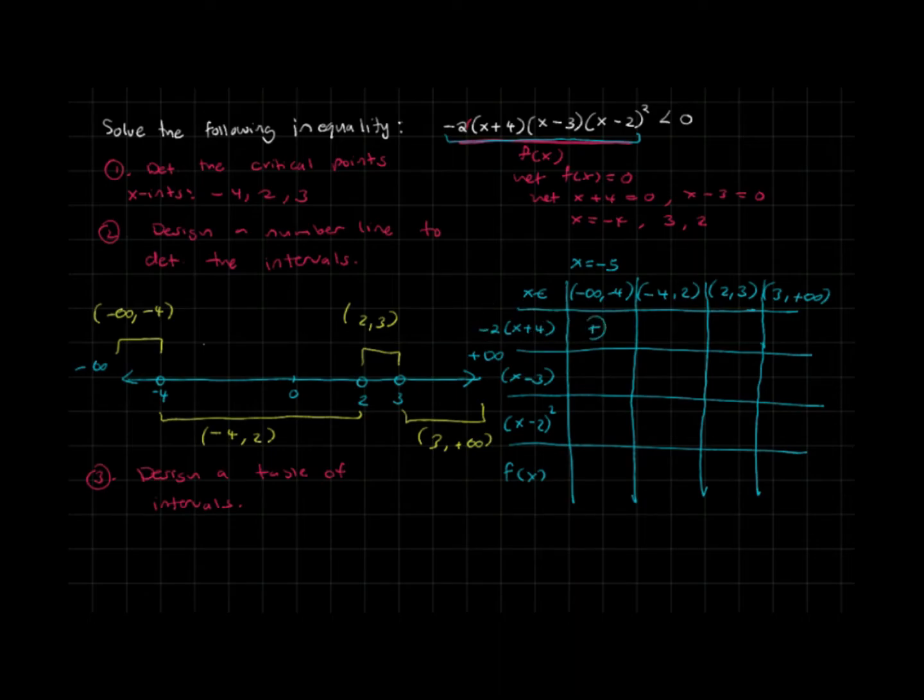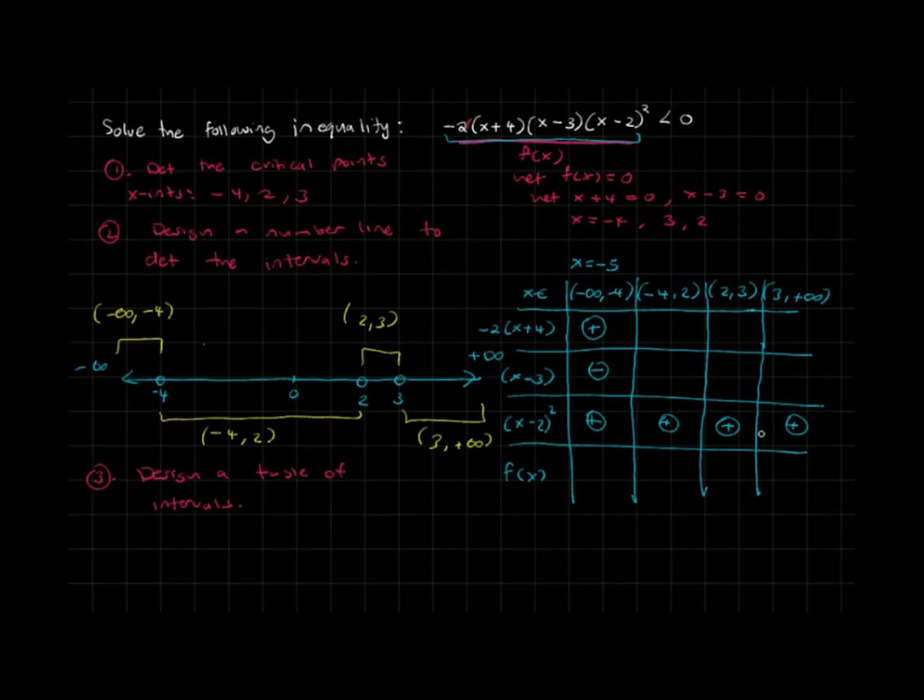So the sign here is positive. We just have to look at the sign. We don't have to calculate it. -5 in here gives us -5 minus 3, which is -8, so that's a negative. -5 into this factor. Now this factor will always create positive outputs because even if you have a negative squared, you always get positive. So I'm just going to write positive across the board. So we really only have to look at these two factors.